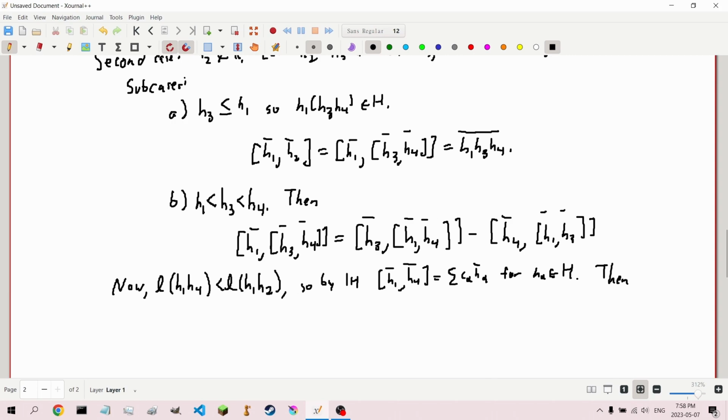Then we get the length of H alpha is equal to the length of H1 plus the length of H4, because that's how it's splitting apart.